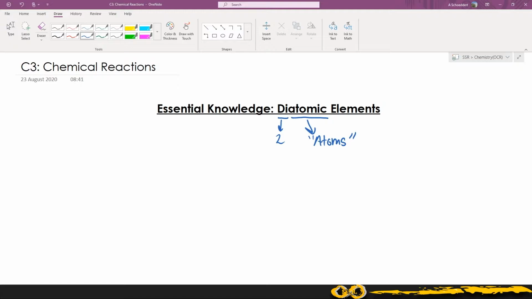These are elements that are always found in groups of two in nature, and you can remember them using the phrase, "I have no bright or clever friends."